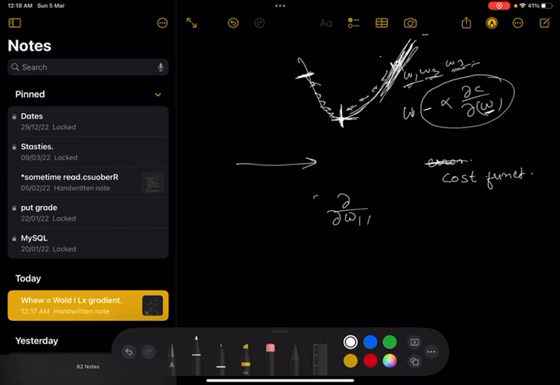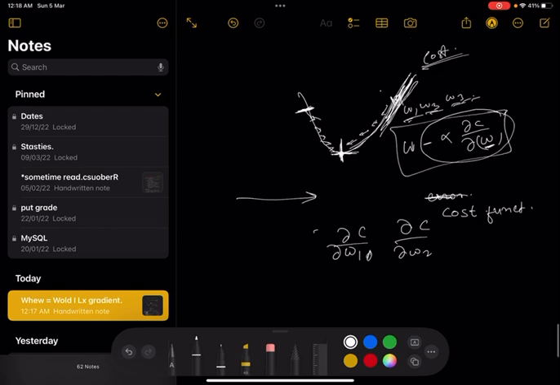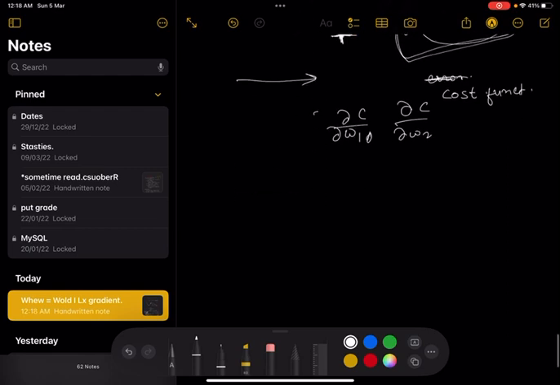If I have to update w2, I differentiate with respect to w2, and then we update the weights using this formula. Now the question is how you get the derivative of the cost function with respect to all the weights. Is it very easy? Basically we need to follow the chain rule.